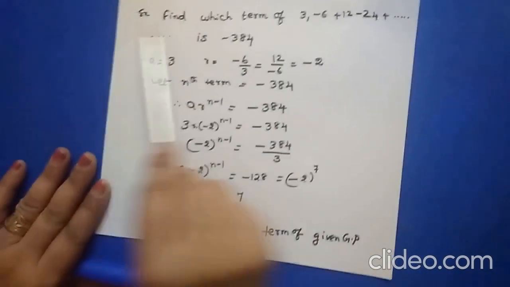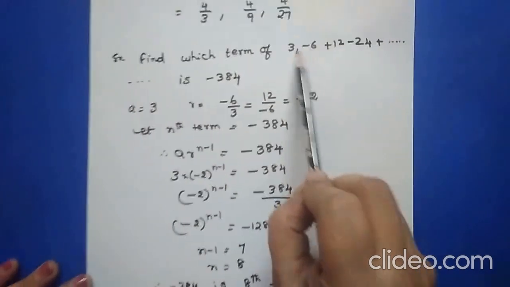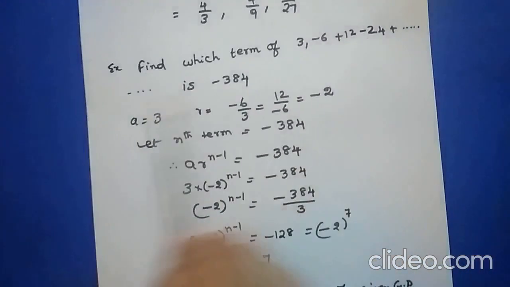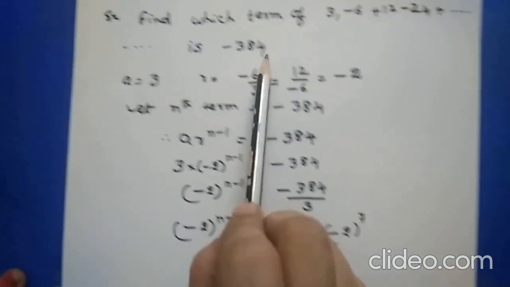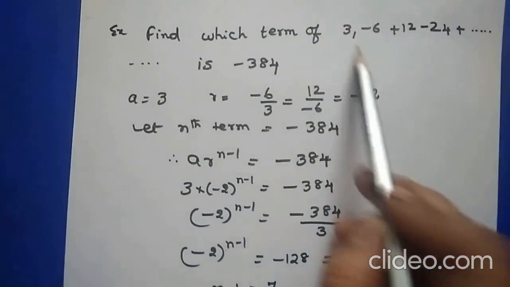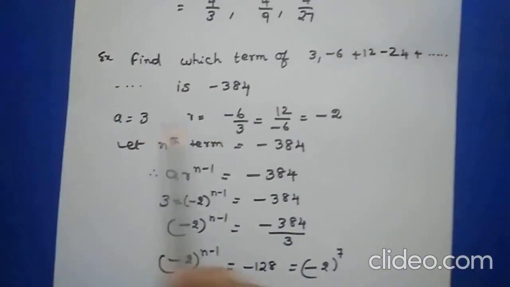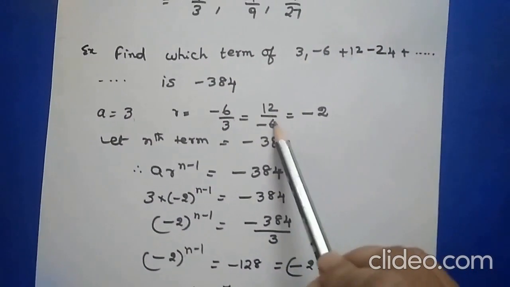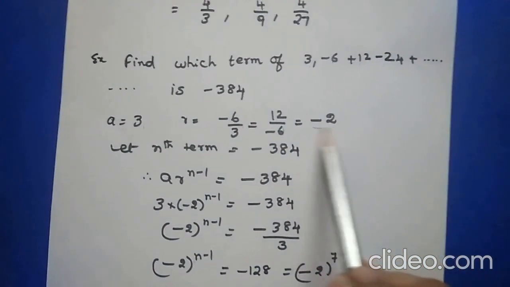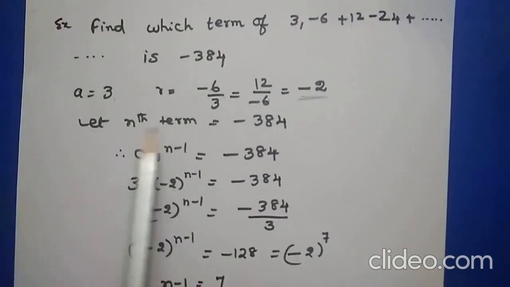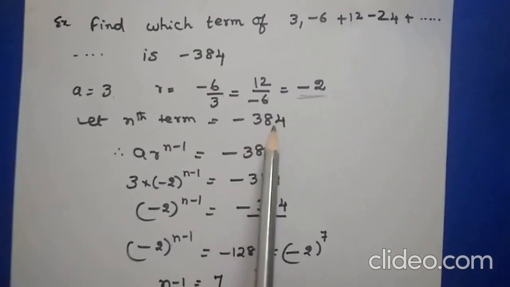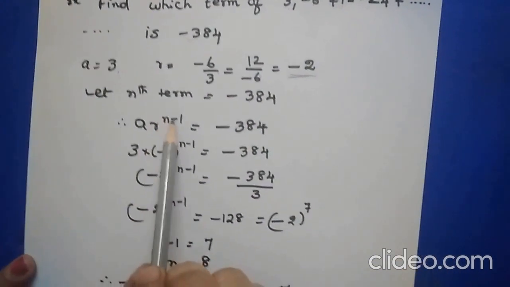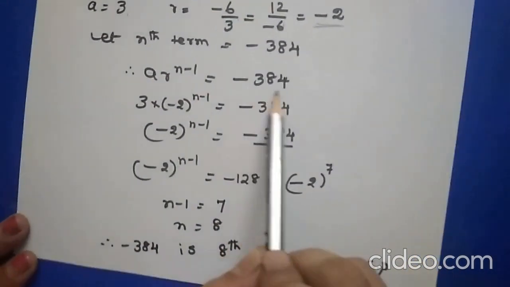One more example. Find which term of 3 minus 6 plus 12 minus 24 plus etc. is minus 384. Now you are going to find the number of terms. What is A here? 3. What is the common ratio? Minus 6 by 3 or 12 by minus 6. You are getting minus 2. This is the common ratio. Let the nth term be equal to minus 384. This is given. What is the formula for nth term? AR power n minus 1 is equal to minus 384.